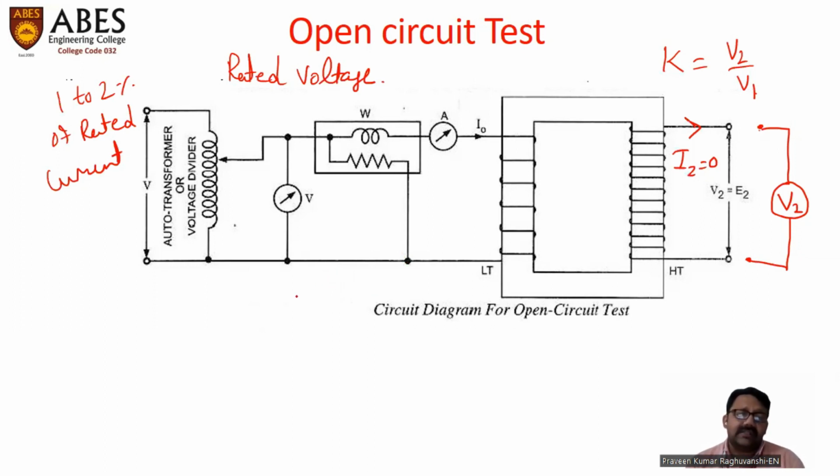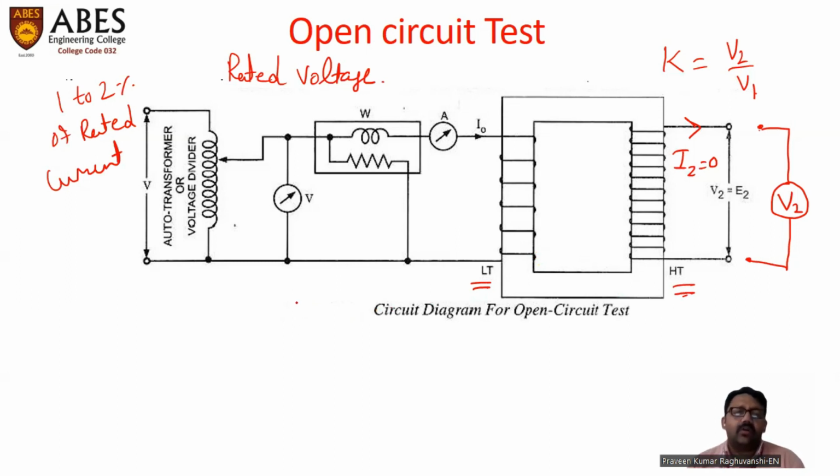One more important point is that this open circuit test is always conducted on the low voltage side. Generally, we prefer to conduct this test on the low voltage side and the high voltage side is kept open. There are mainly two reasons for this preference.